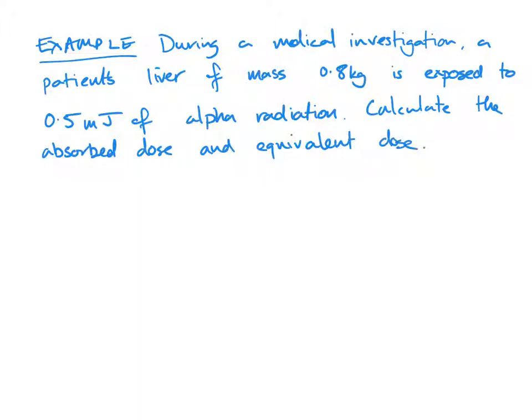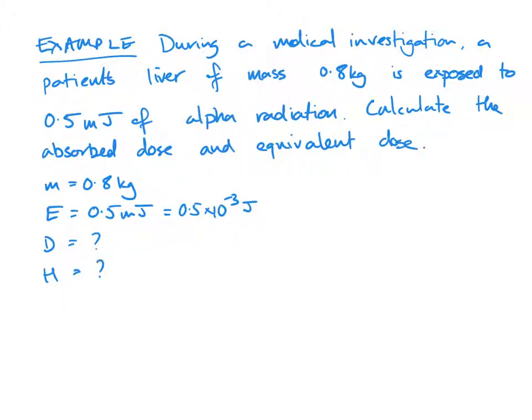So usual problem solving. What do I know? In the question I'm told the mass is 0.8 kilograms. The energy is 0.5 millijoules. And when we get prefixes, remember, try and substitute for them at the point where you're listing your variables. So 0.5 millijoules is 0.5 times 10 to the minus 3 joules. And then we're asked for absorbed dose, and then equivalent dose.